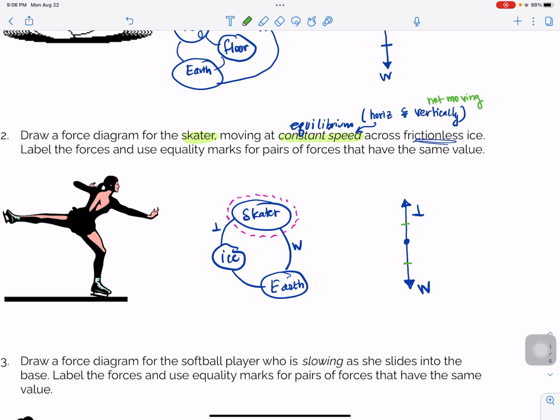So you might want to say, well, how is she moving? We don't know. It doesn't matter. We are only looking at this point right now. It doesn't matter how she got into motion or what happens to her eventually. It's just right now we know that she's moving at constant speed. There's nothing else interacting with her, and so this is all the forces there are.